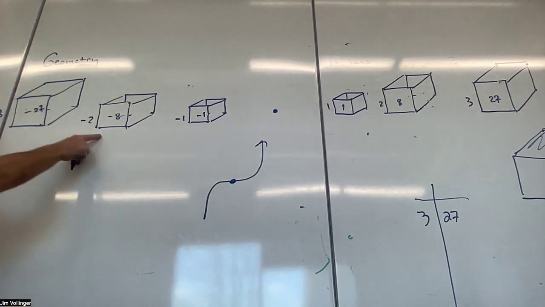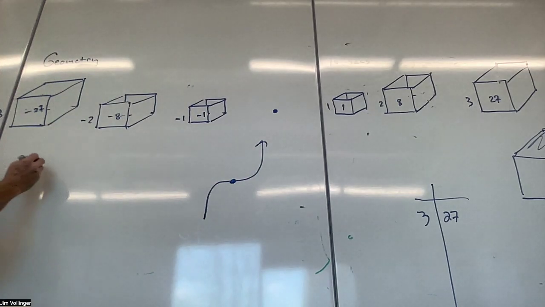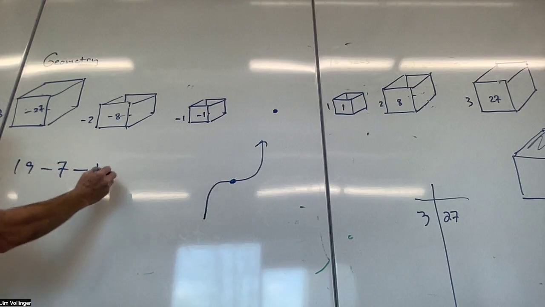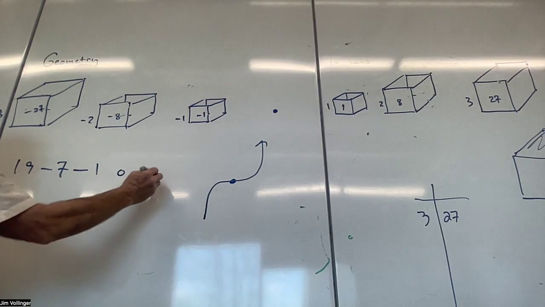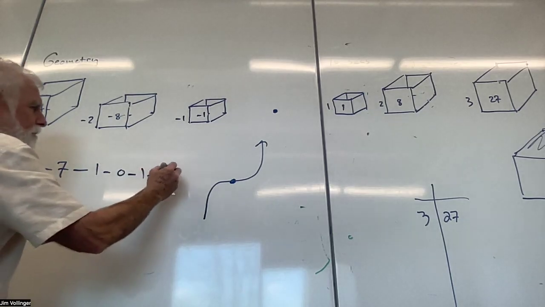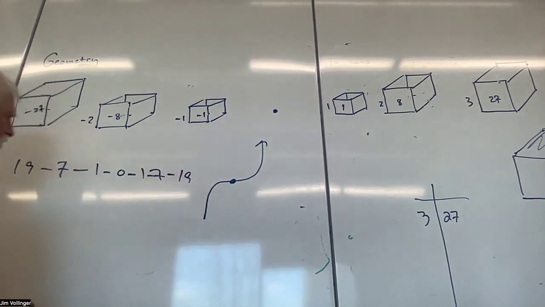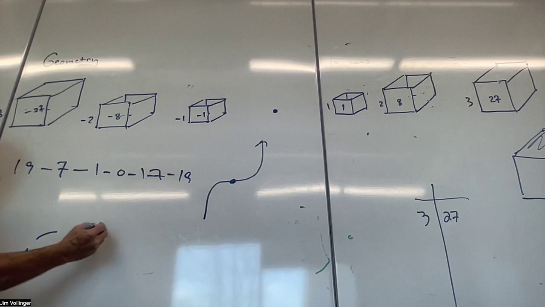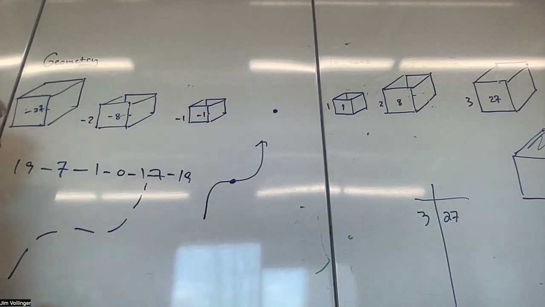My average slopes went from 19 to 7 to 1 to 0 to 1 to 7 to 19. Well, I can see my slopes are decreasing and then increasing. Well, we say that's a change in concavity.